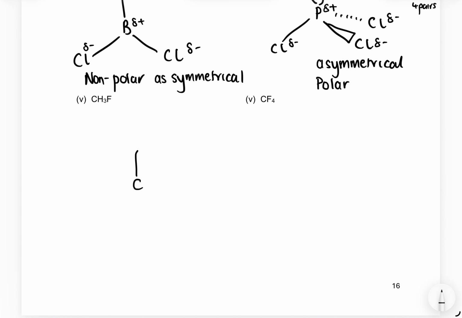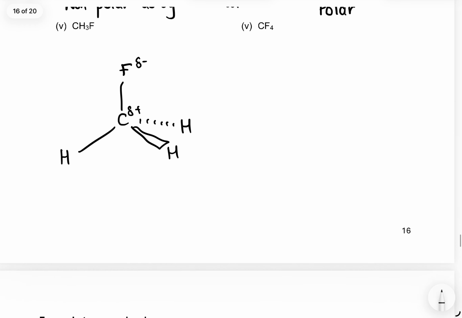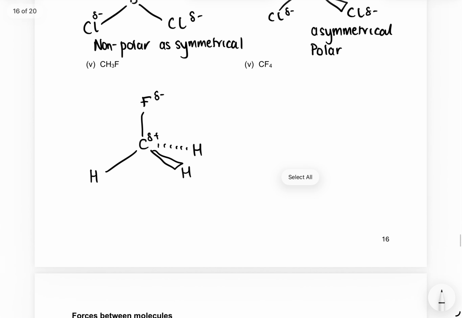CH3F. So although this is a carbon with 4 things, which means it's kind of a symmetrical shape, because one of them's an F and 3 of them are H's, CH bonds are not polar, but CF bonds are. F is more electronegative. And because there is one sort of polar bond, and this is asymmetrical, because one atom is different to the others, then this is polar.